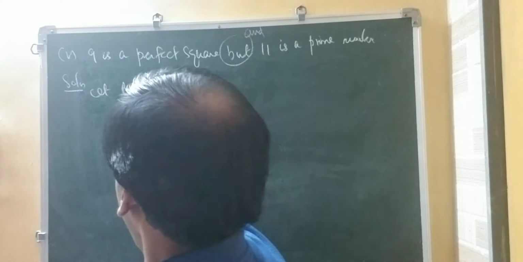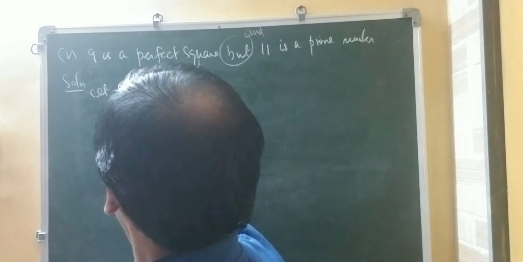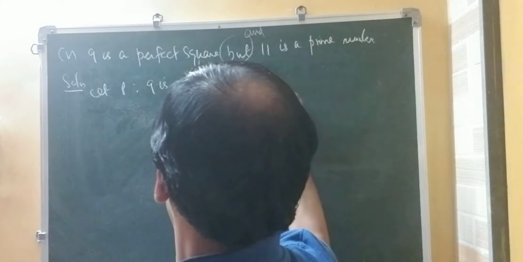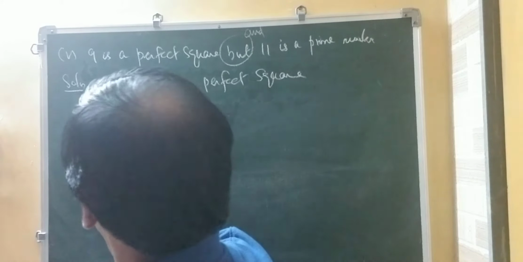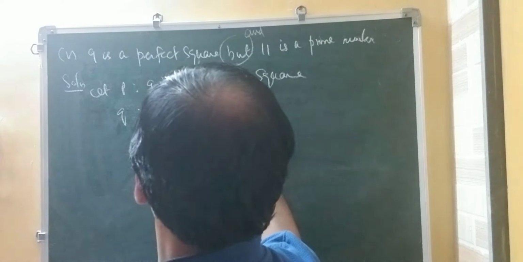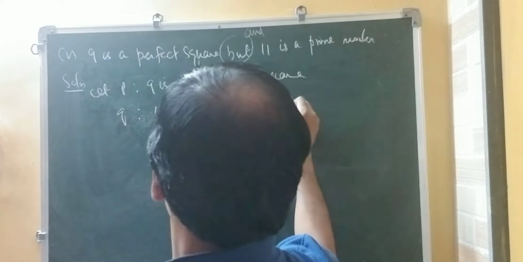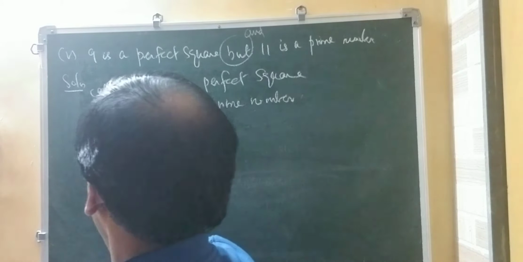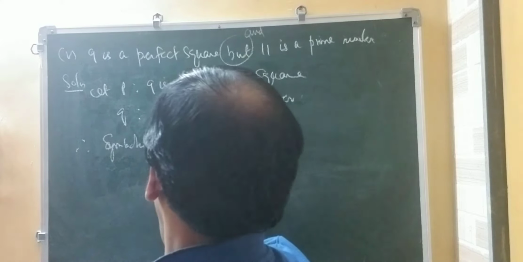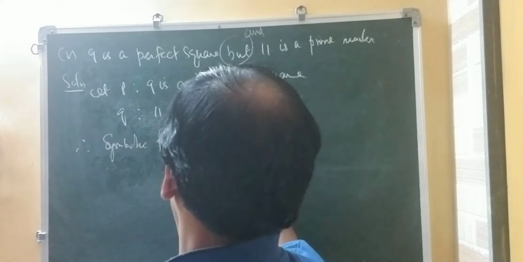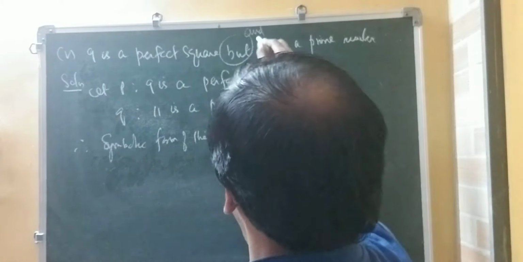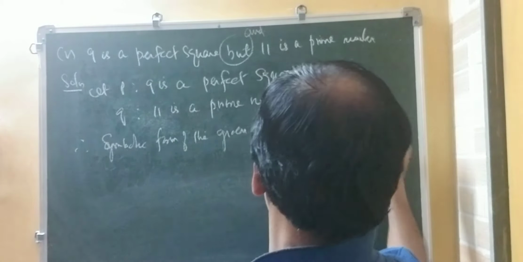Let P: 9 is a perfect square. Another statement Q: 11 is a prime number. Therefore, the symbolic form of the given statement is P, but means, as I told you, and.